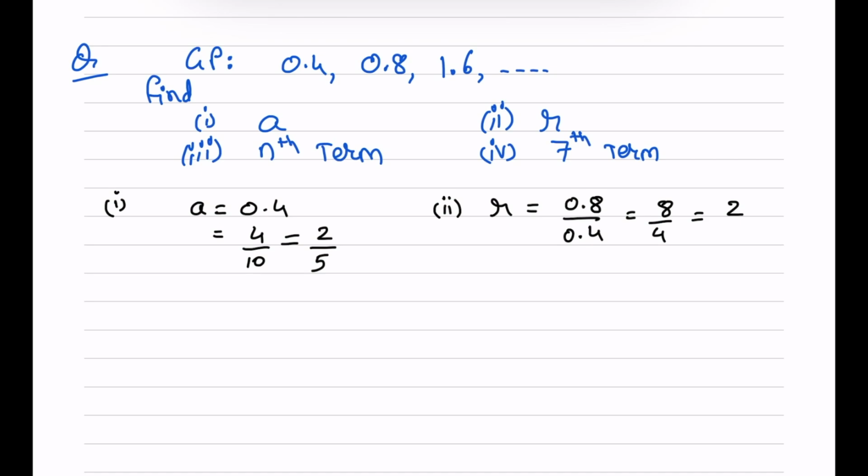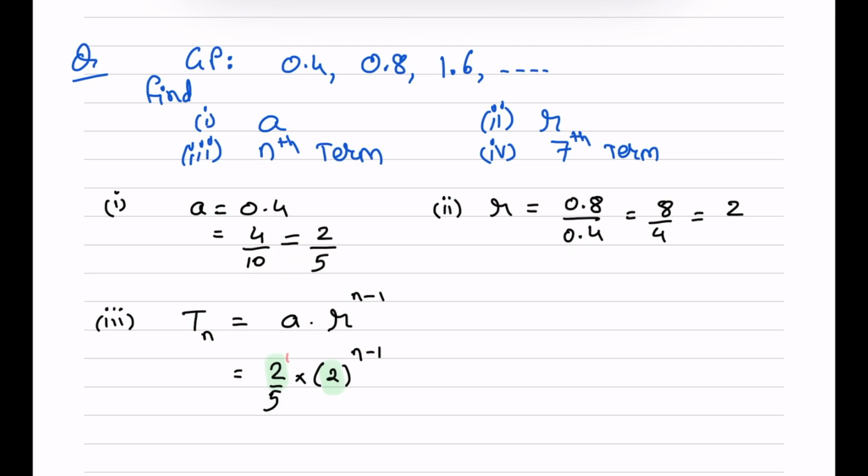We can find the general term, nth term, using the formula Tn equals A into R raised to n minus 1. So 2 upon 5 into 2 raised to n minus 1. Here in the numerator, 2 to the power 1 is getting multiplied by 2 raised to the power n minus 1.